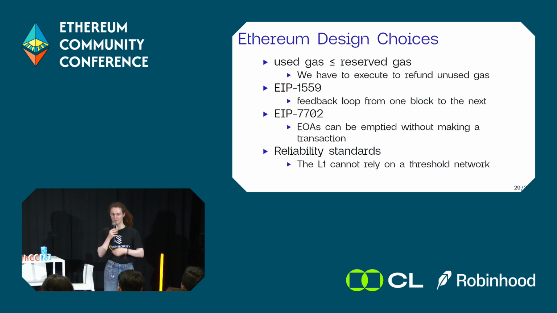But with EIP-7702, this logic can break because you could empty an account while it has transactions already committed but not executed. And the question is also, what about the reliability standards that Ethereum has? Maybe we don't want a threshold network that can hold or deny some service to the blockchain. So this is always a valid question to ask.